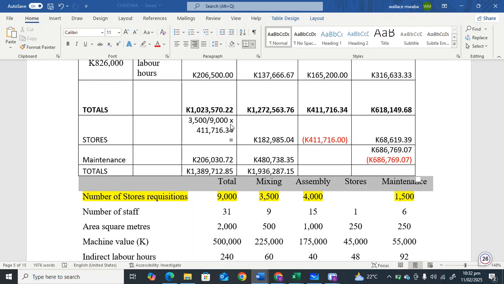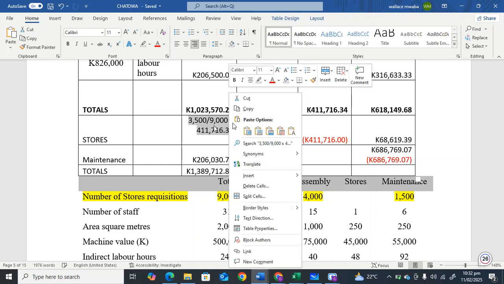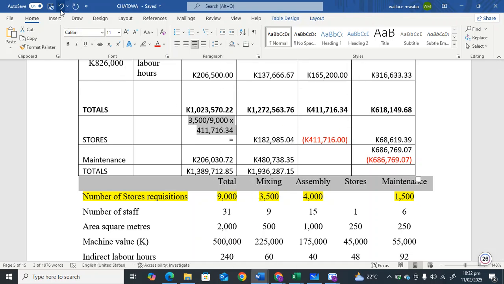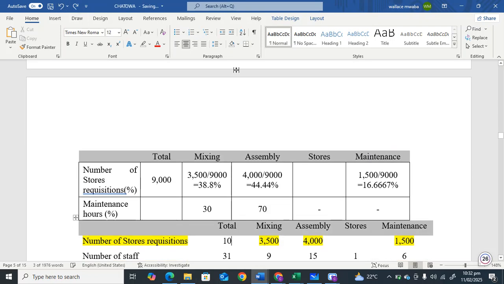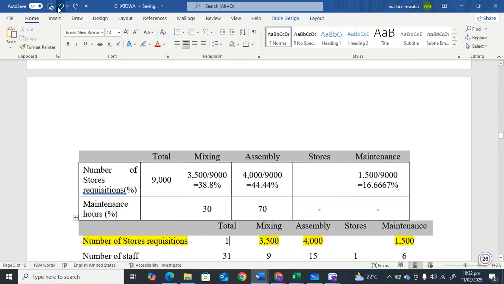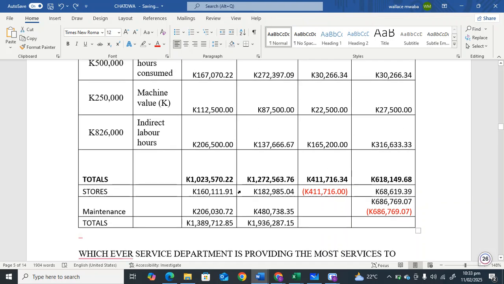What value do we get? I rubbed out the value. Should have left it there. We get 160,111.91, or 112, not 111.